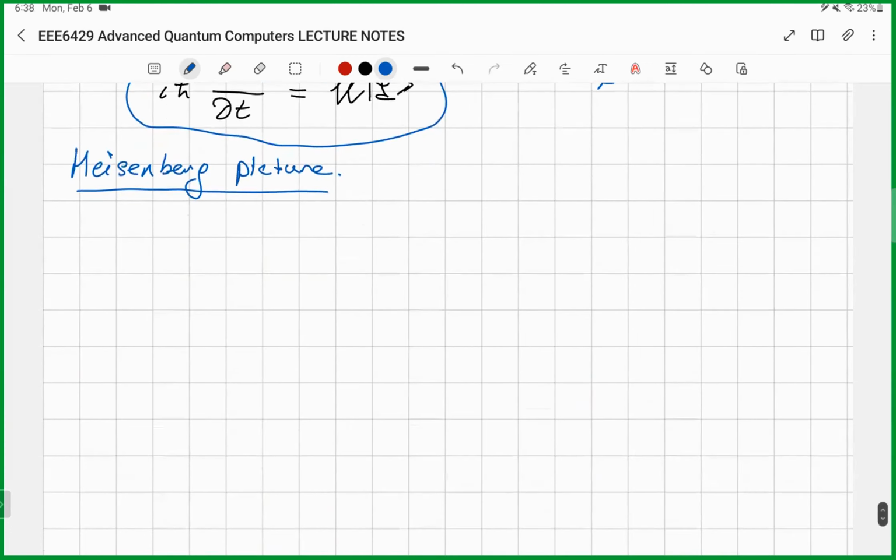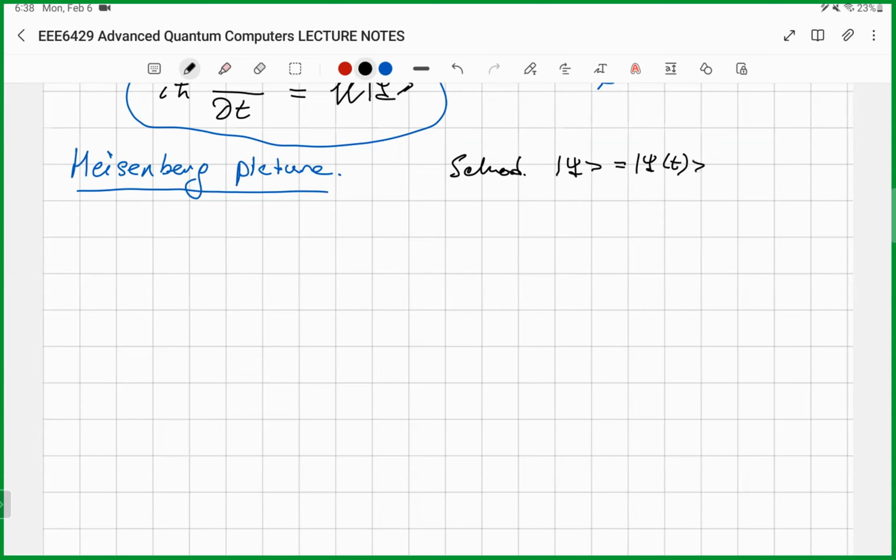So what is the Heisenberg picture? In the Schrodinger picture, we have the state of a system psi, which is time dependent.